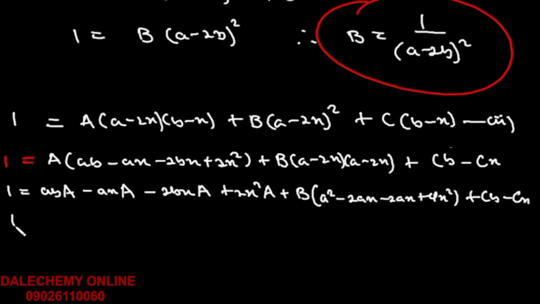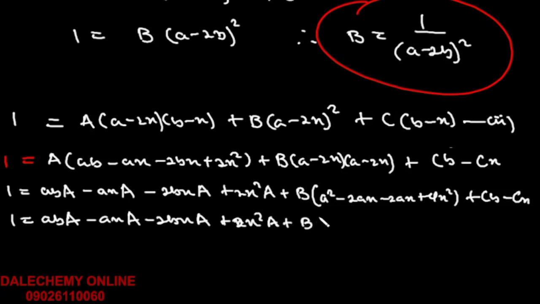Alright, so now I have 1 equal ABA minus AXA minus 2BXA plus 2x squared A, then plus B in bracket of A squared minus 4AX, this and this, okay, then plus 4x squared, okay, plus CB minus CX.